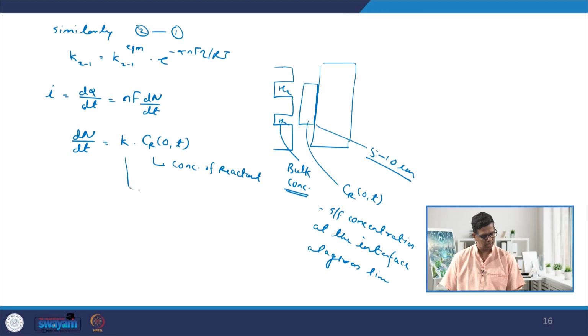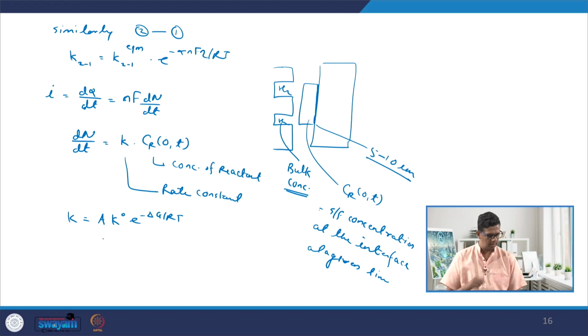And this k is again your rate constant. How do we write this rate constant k? It is A times k naught e to the power minus delta G by RT.